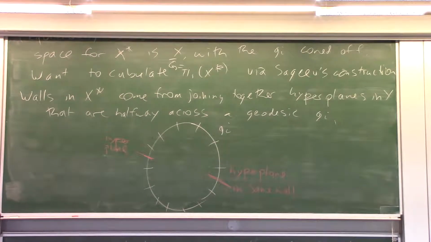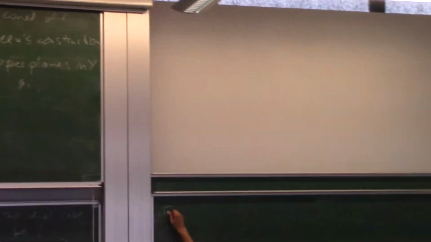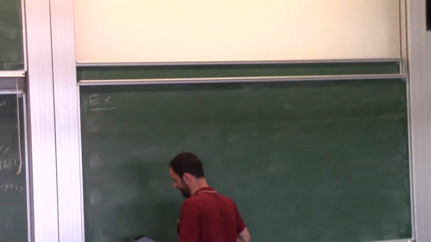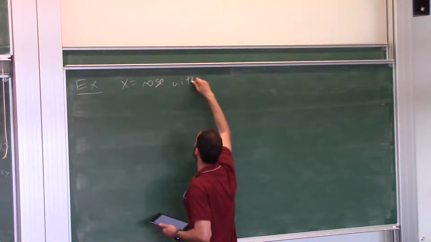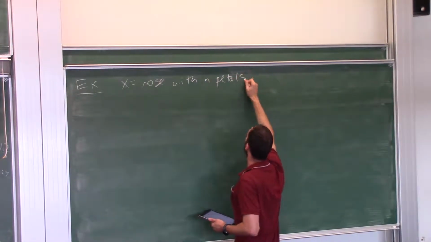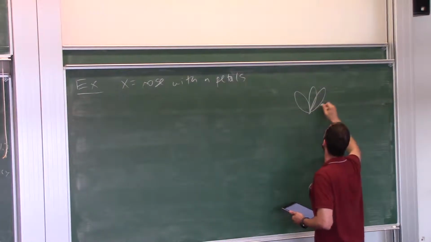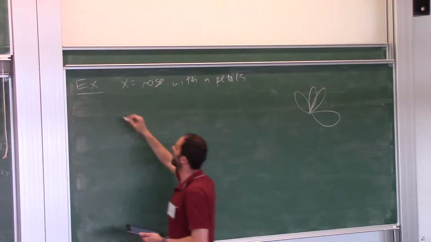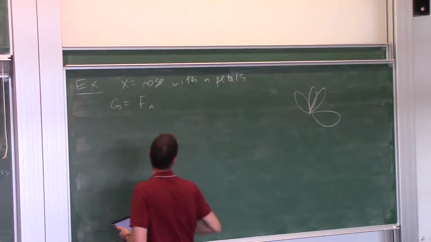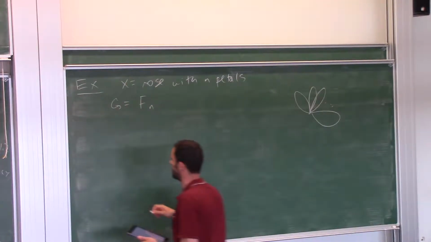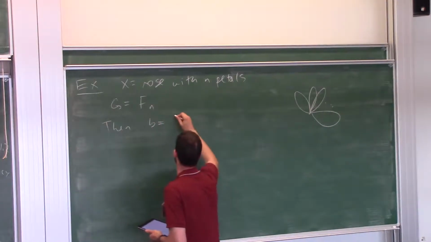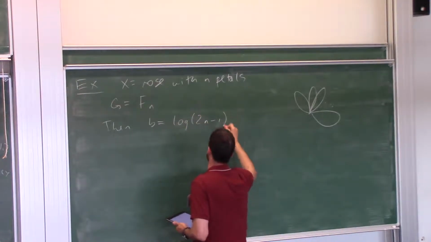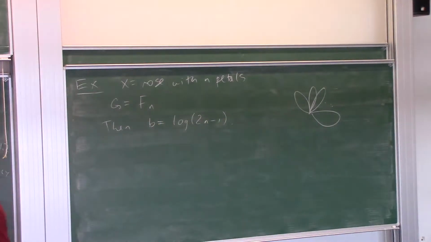So maybe some examples are in order at this point. Let's say X is a rose with n petals, and then G is just going to be the free group of rank n. Then the exponential growth rate is going to be the log of 2n minus 1. Another way to say it is that the base of the exponent in the exponential growth is just 2n minus 1.